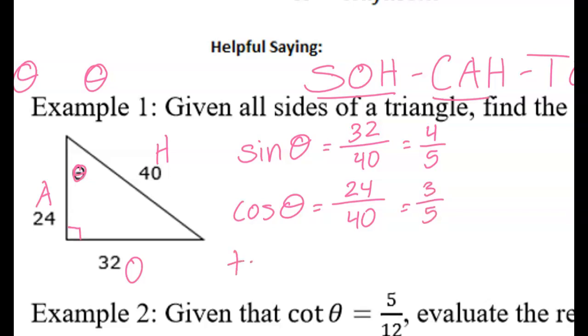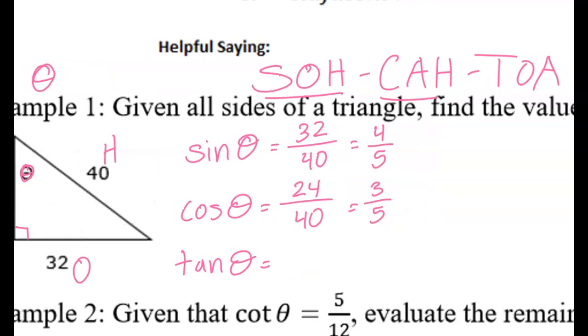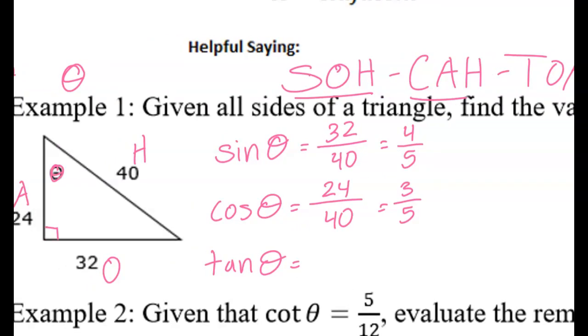And lastly, from our three main trig functions, tangent is TOA, opposite over adjacent. Our opposite is 32, and our adjacent is 24. So what does that simplify to?